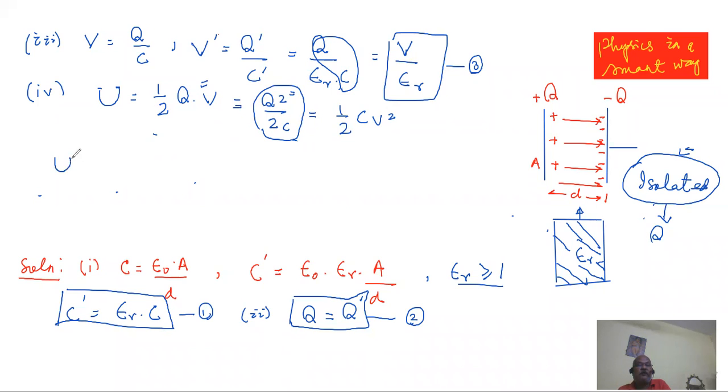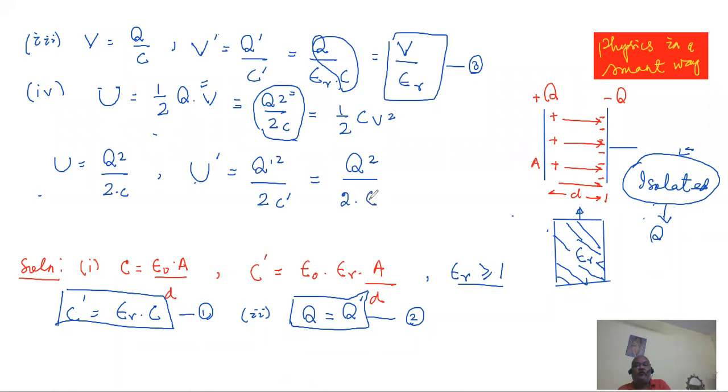So the initial energy will be equal to Q square by 2C, and the final energy U dash will be equal to Q dash square by 2C dash. Because the charge doesn't change, that will be Q square divided by 2C dash.